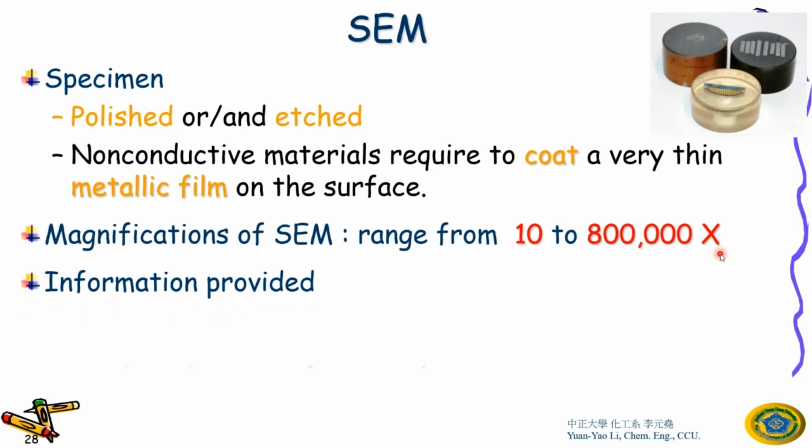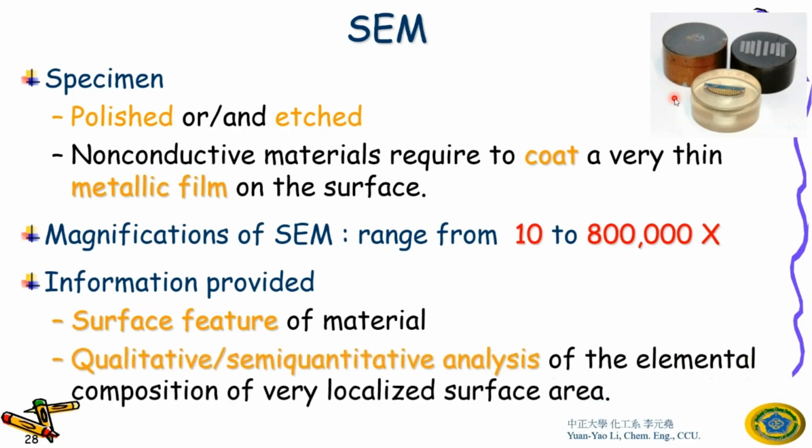The information provided is the surface, so you can see the differences within a 1 nanometer area. Not only this, you can do qualitative and semi-quantitative analysis of the elemental composition of a very local surface area. You can see this is copper and this is gold by the emitted X-ray.